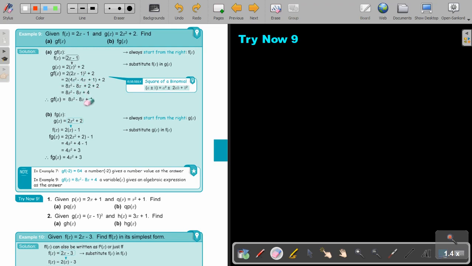Okay, and then just simplify that. And then this one, if I look at this one, now it's just the opposite. I will take g and I will throw it in f, and again just simplify and get your answer. Okay, so in this case, in example 7, the number gives a number value as the answer. In this, it gives an algebraic expression.